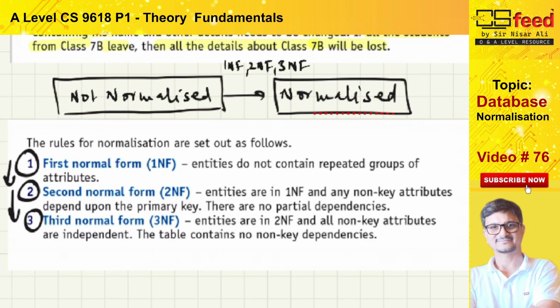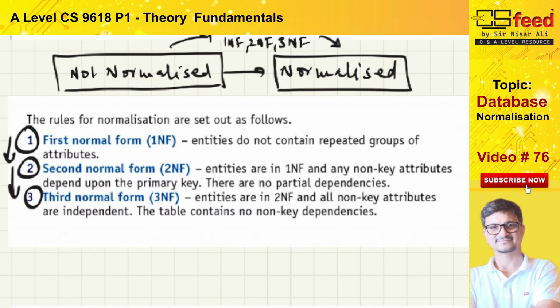These 3 steps are required for the database to be fully normalized. All right. So what is in the first NF? Now I'm going to explain all these 3 forms. These are actually the normal forms: first normal form, second normal form, and third normal form.